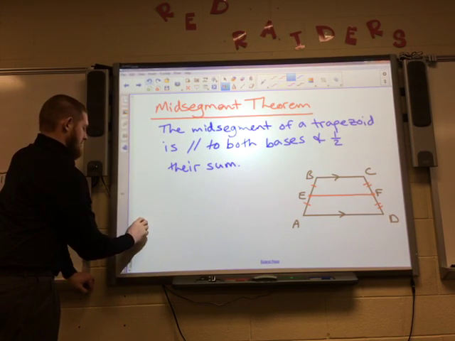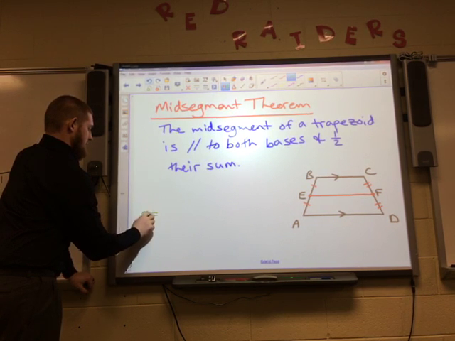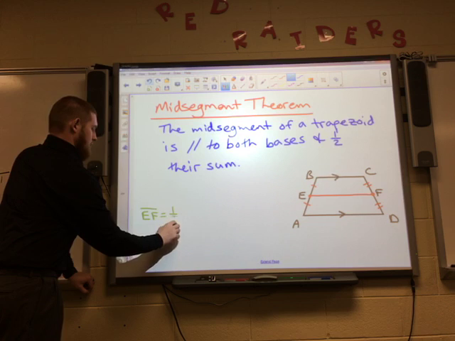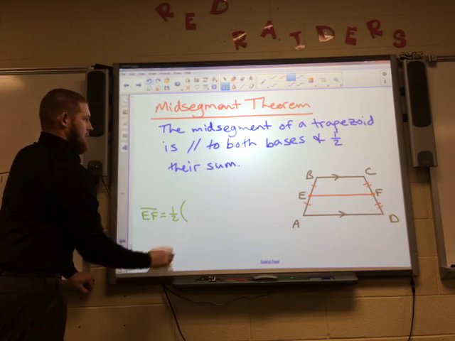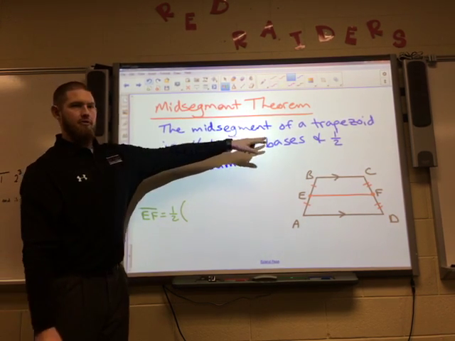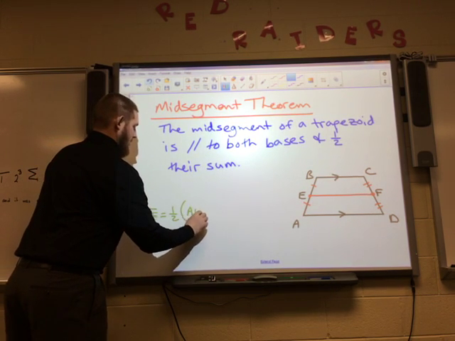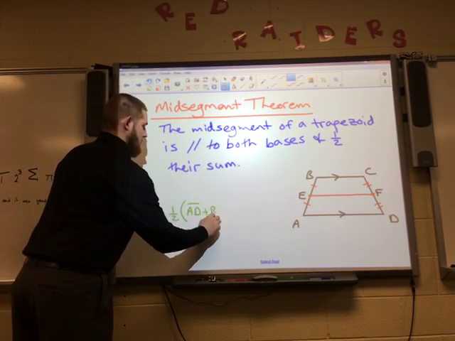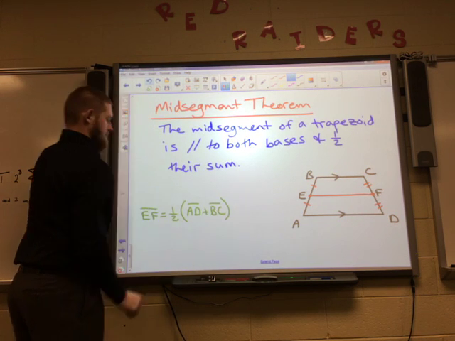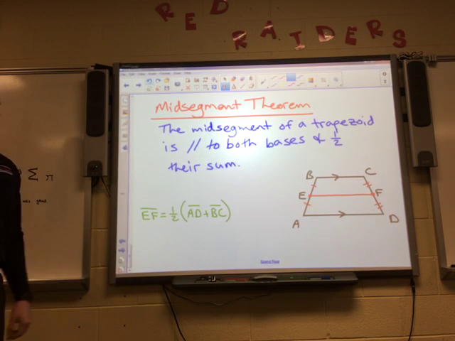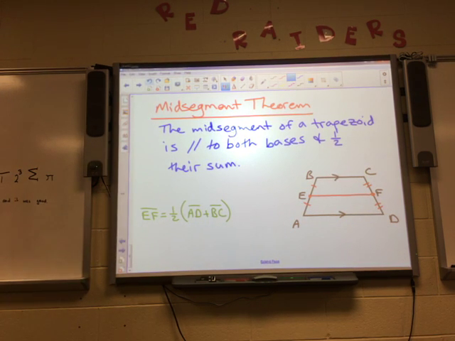So what that means is that EF, because EF is the mid-segment, is 1/2 of the sum of the bases. So one base is AD plus BC. That has to be true every single time.